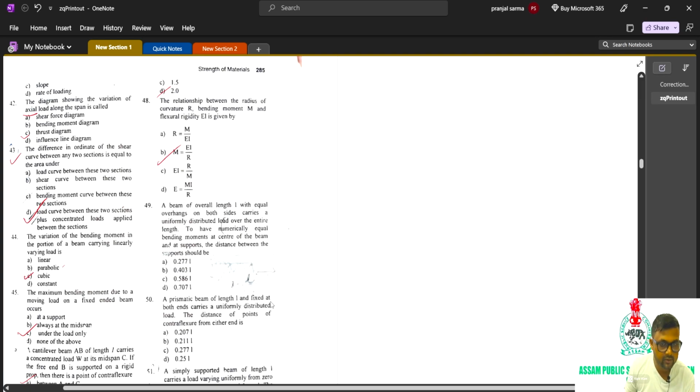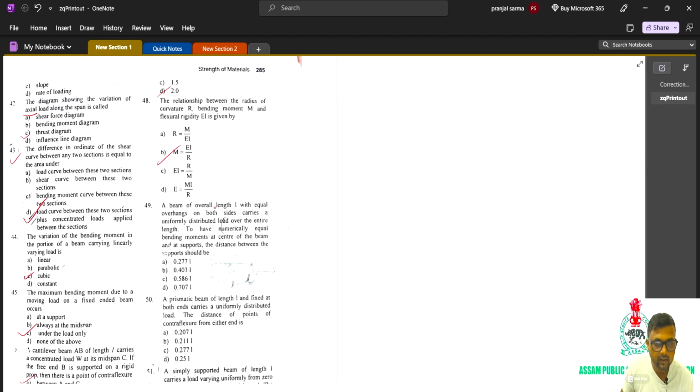Now let us look at question 49. A beam of overall length L with equal overhangs on both sides carries a uniformly distributed load over the entire length. To have numerically equal bending moment at the center of the beam and the supports, the distance between the supports should be.